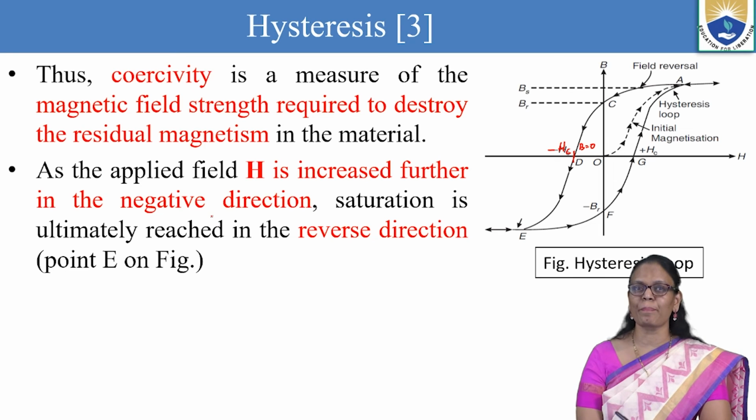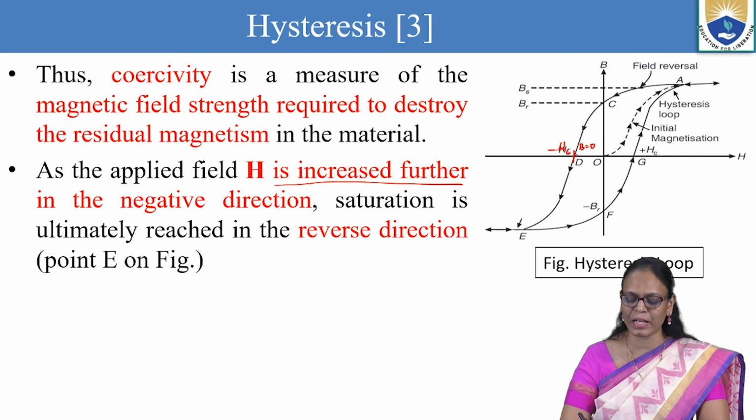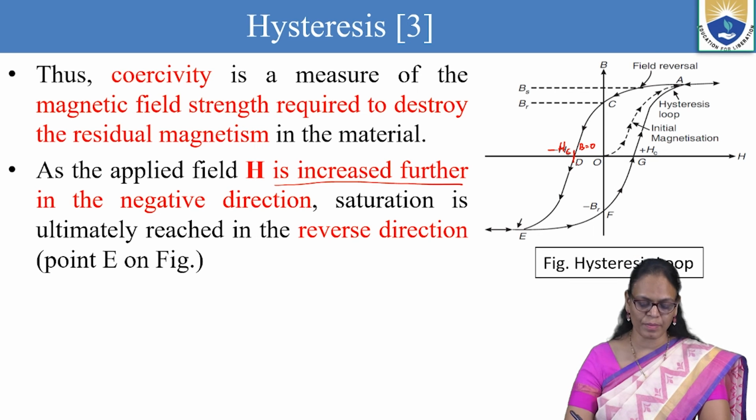And if the applied field is increased further in the negative direction, even after B becomes 0 and all the residual magnetism is destroyed, what happens is that saturation is reached again.